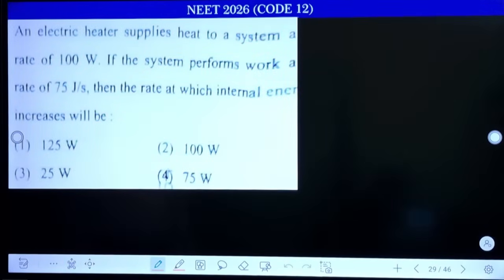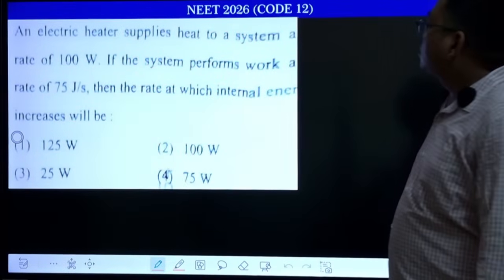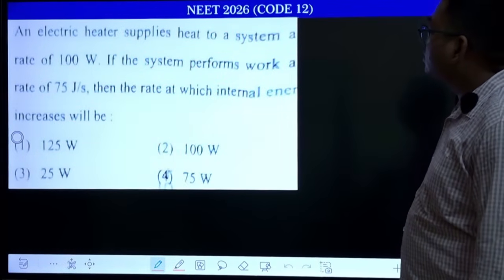An electric heater supplies heat to a system at the rate given. The system performs a work of this, then the rate at which internal energy increases will be.